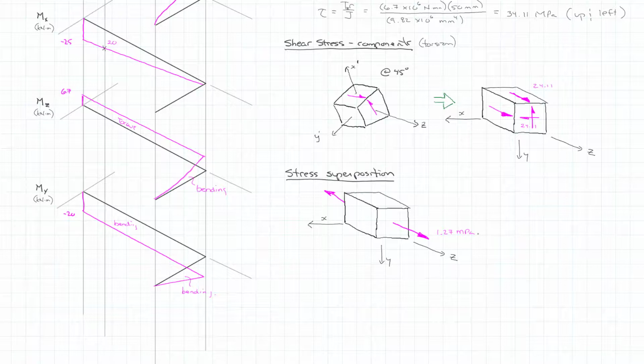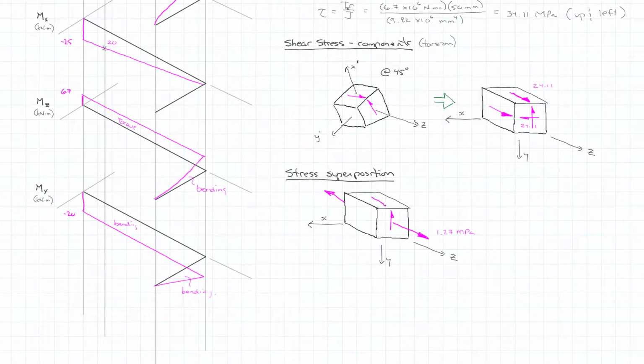And so we have 0.42 megapascals down, and that has to be subtracted from the 24.11 going up. And so we end up with 23.7 megapascal shear stress going up.